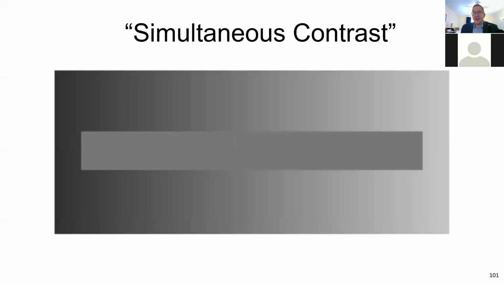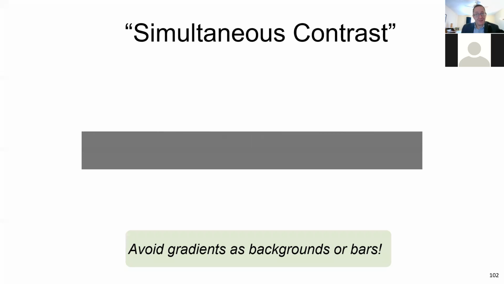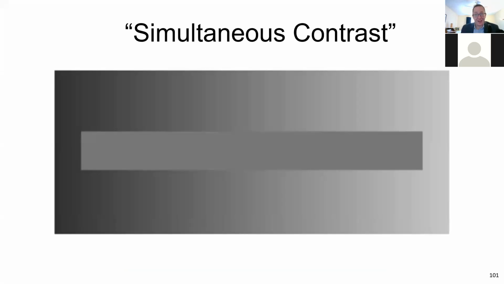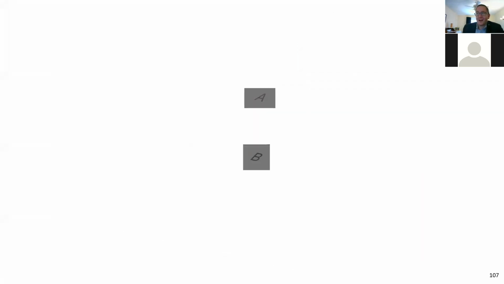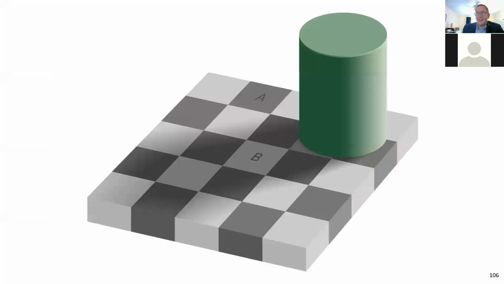Okay, so with simultaneous contrast, this bar, by the way, is just one color. The gradient changes it. So if I have color gradients, it changes how I perceive things. I want to throw one more thing. Those boxes are the same. And the A and B colors are exactly the same color.